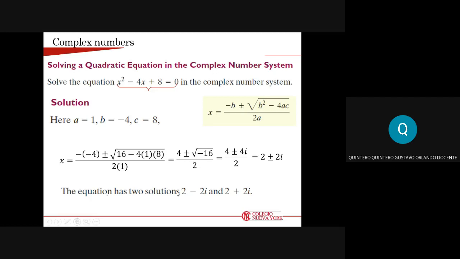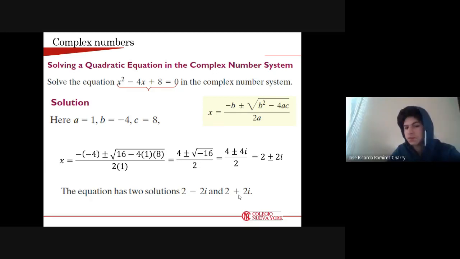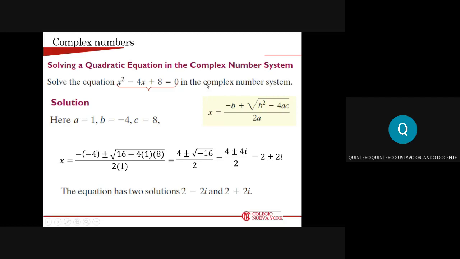The solutions, this is one solution and this is another solution. Do you notice something? How do you call those two numbers? Complex numbers? Almost. Yes, they are complex numbers because that is the solution, right? Complex number system. But no, yes, Sara Jimenez.